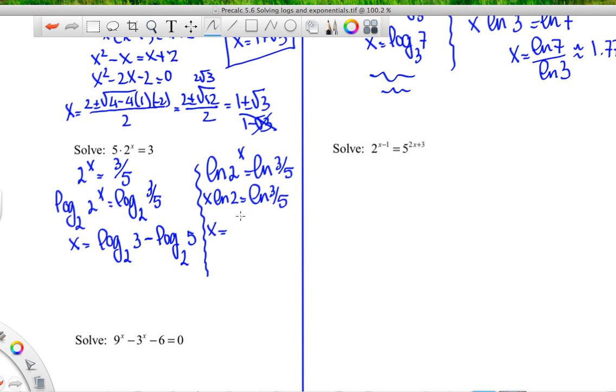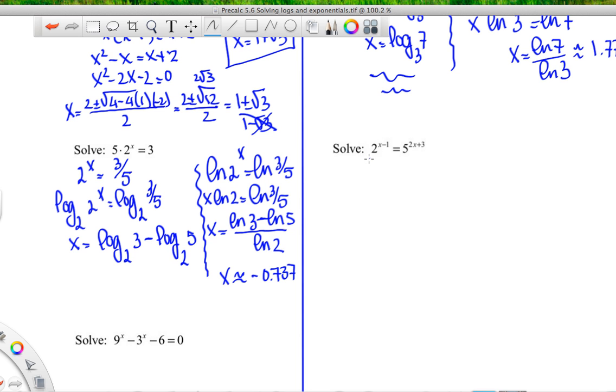You would still split that up into an ln 3 minus an ln 5, the same order as you did here. And now we're dividing by the natural log of 2. That would give you a calculator approximation, and the calculator approximation here would be a negative 0.737.